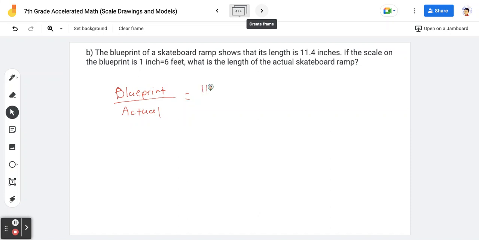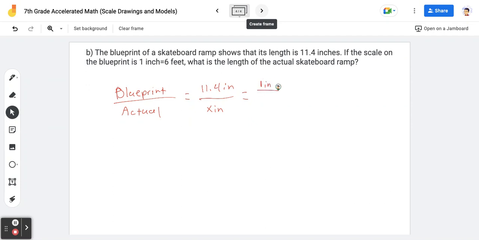The blueprint of a skateboard ramp shows that its length is 11.4 inches. We are not given the actual, so that would be x inches. But we are given that 1 inch is equal to 6 feet. So that blueprint is going to be my 1 inch.